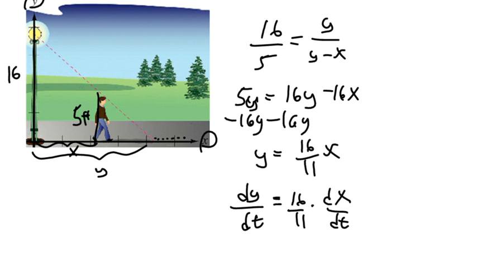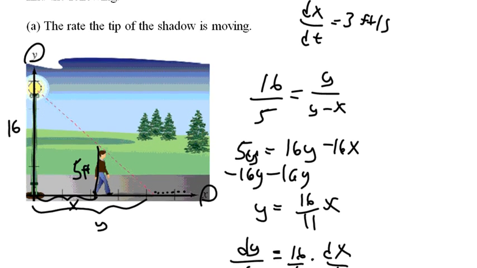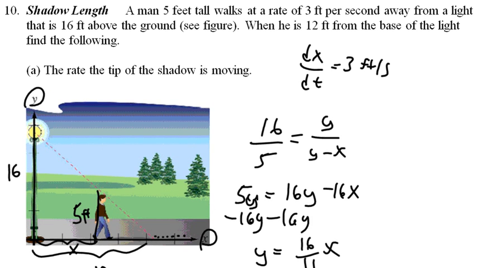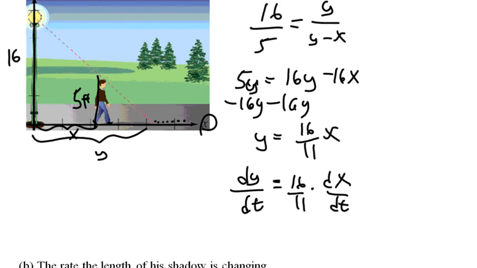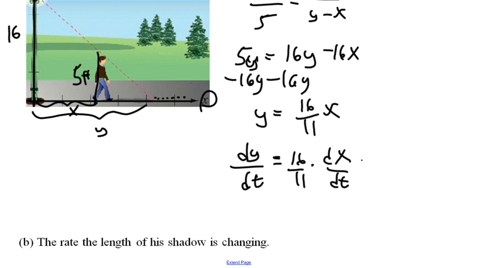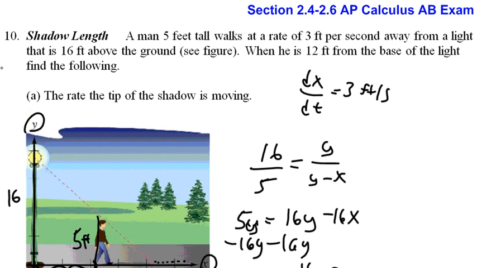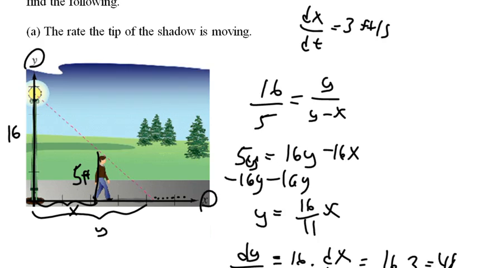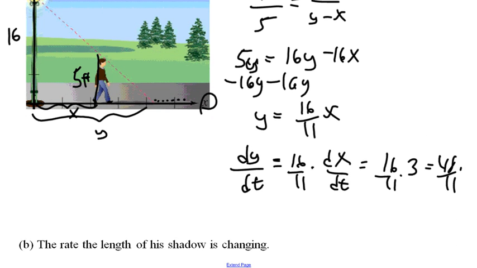And we set up here that dx dt is 3. So just plug in 3. So we get 16 over 11 times 3 right there. So that means we're going to get 48 over 11 feet per second. All right, so that's what the tip is going to travel at.